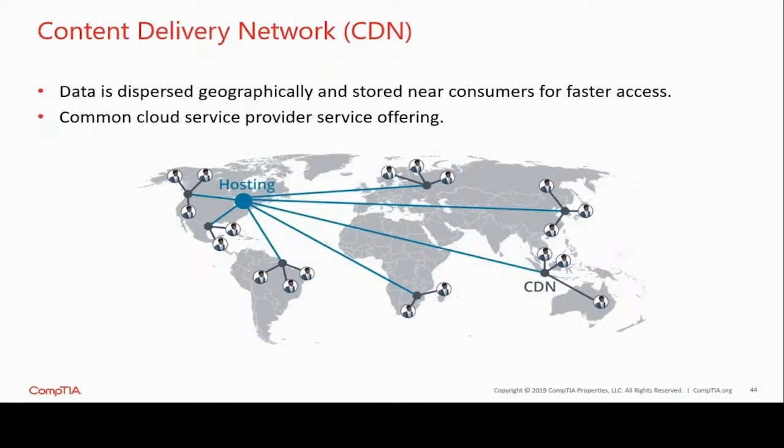The cloud service provider has its own CDN near your area. So whatever data you are going to access, you will be connected to that CDN first, to fulfill your request as early as possible.